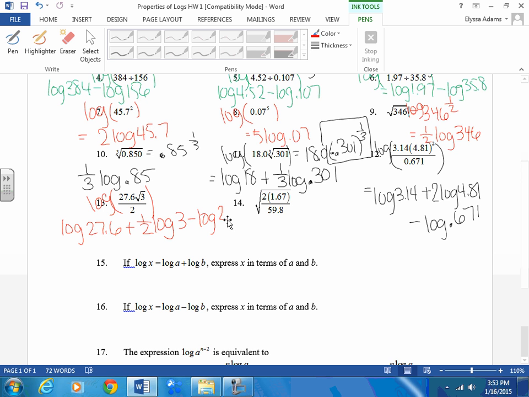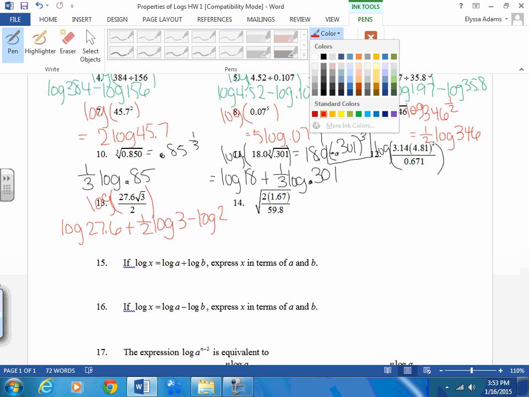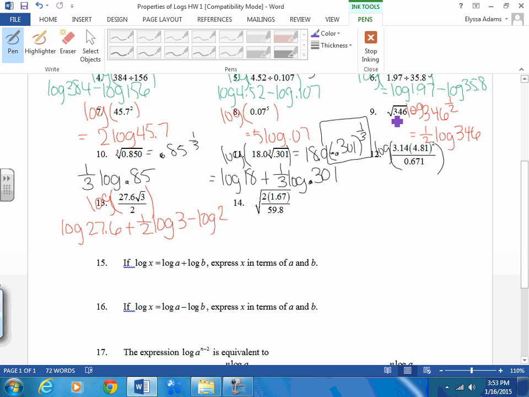Number 14 is definitely tricky, so I'm going to erase right here so I definitely have enough space. Now I'll do it in a different color. For this one, when I take the log of this, we have to be careful because all of this is to the 1/2 power.